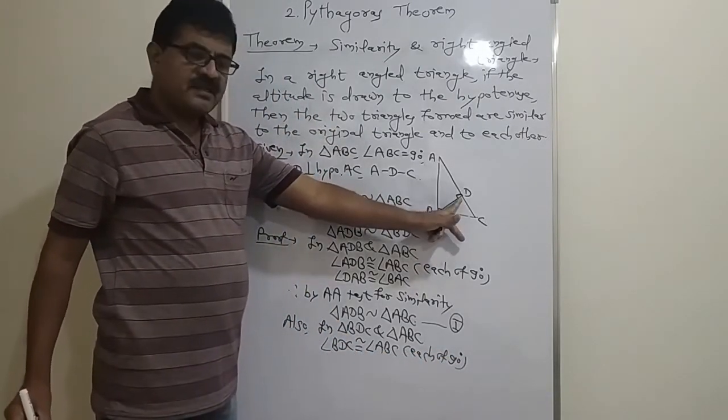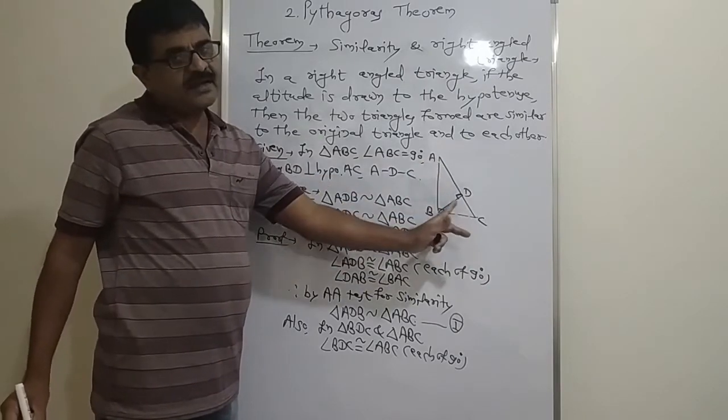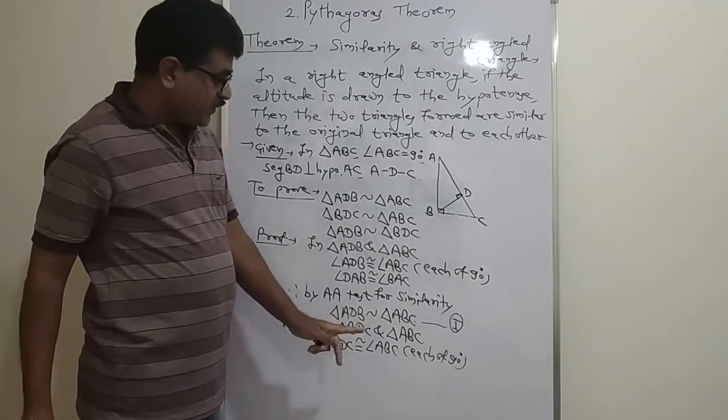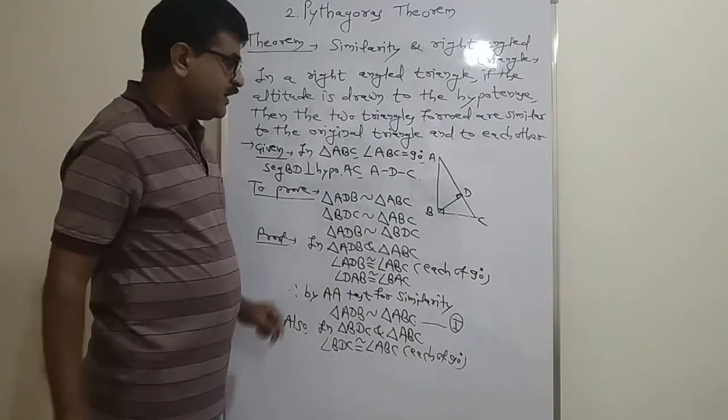BDC, this angle is 90 degrees, ABC, this angle is 90 degrees. Therefore each is 90 degrees.